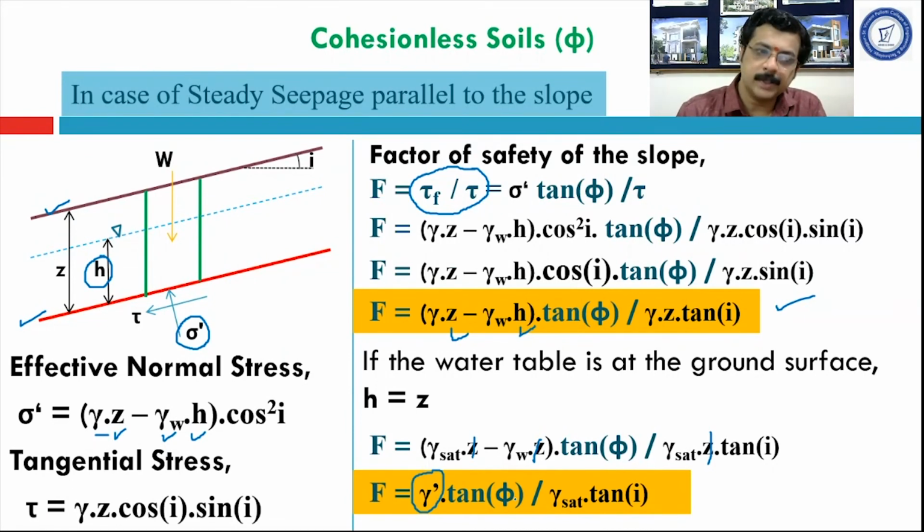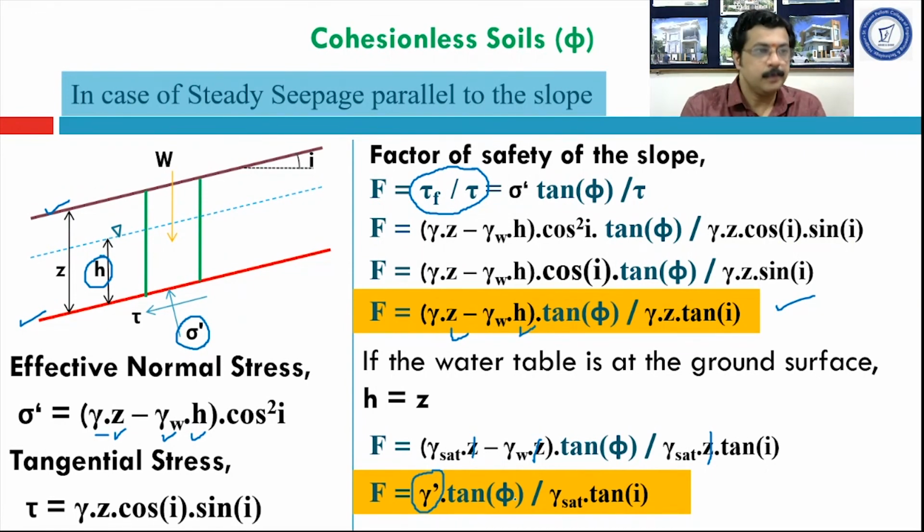This ratio is roughly 0.5. So it can be further simplified as F equals 0.5 times tan phi upon tan i. So this factor of safety of cohesionless soil when it is fully saturated and seepage is occurring is 50% of that factor of safety for cohesionless soil which is in dry condition.